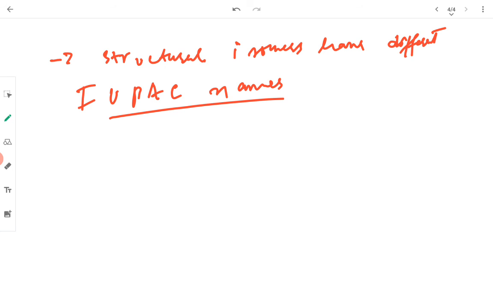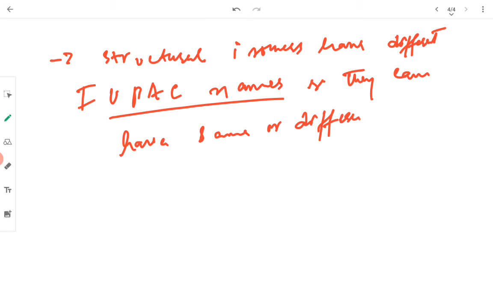Means they are different compounds and they can have the same or different functional groups.